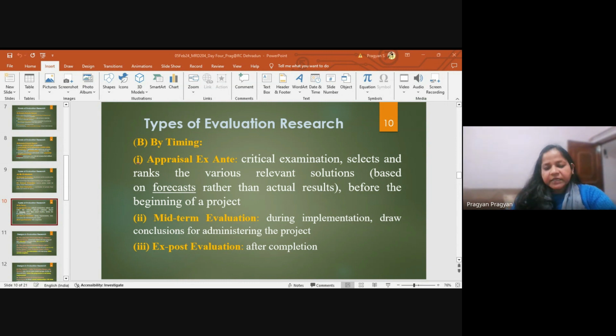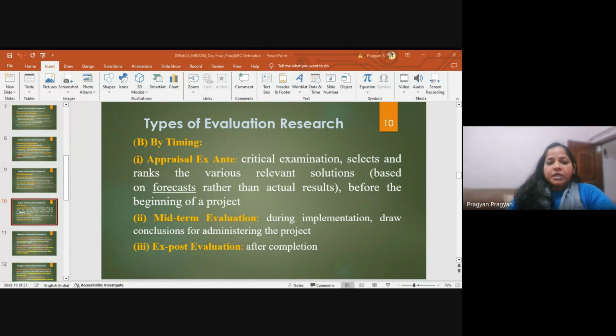This is a kind of monitoring. But evaluation research is the advanced version of monitoring, because it is going to analyze all those dimensions: how their activities are creating an impact on the outcome, on the supply, on the accomplishment of a particular objective.